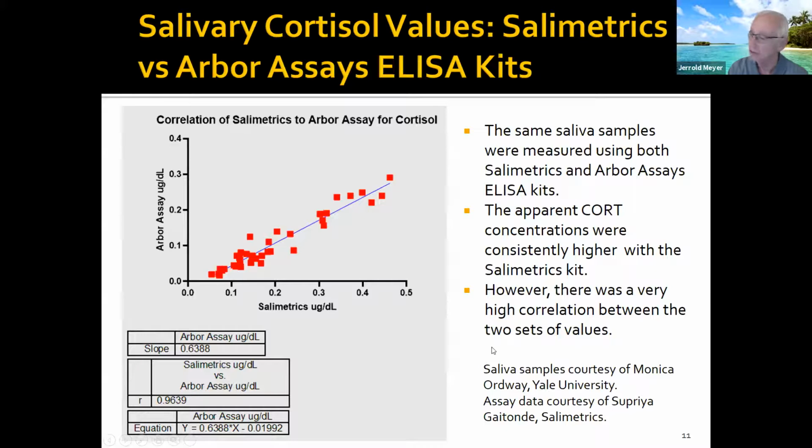So we had a side-by-side comparison, and this is the result. And here's the actual equation relating one to the other. The correlation, as you can see, is very, very tight, but the Cellometrics for just about every sample gave a higher reading than the Arbor assay kit.